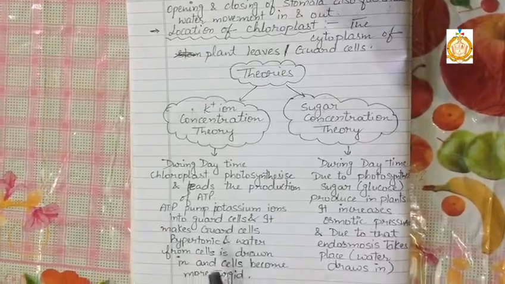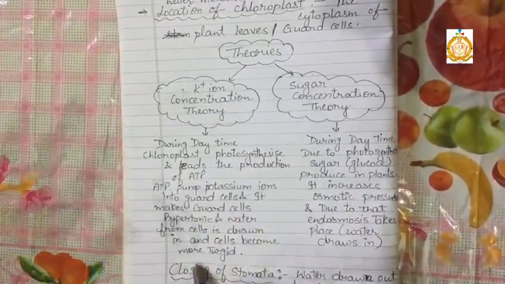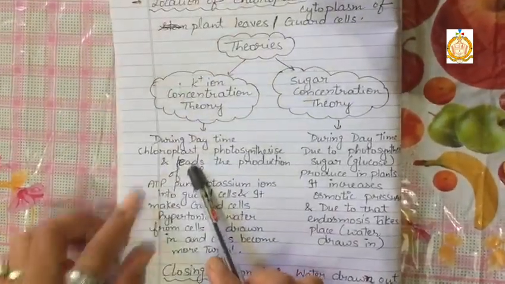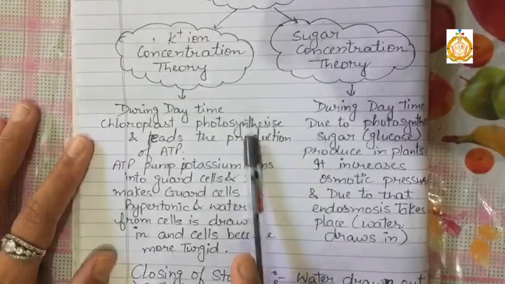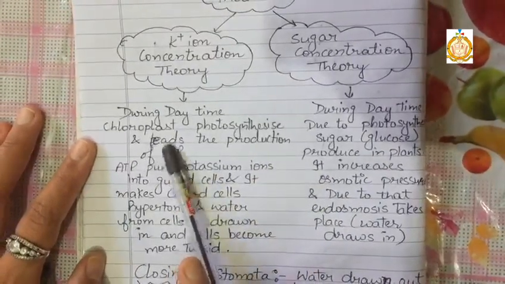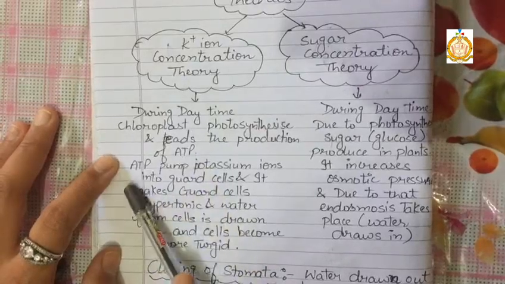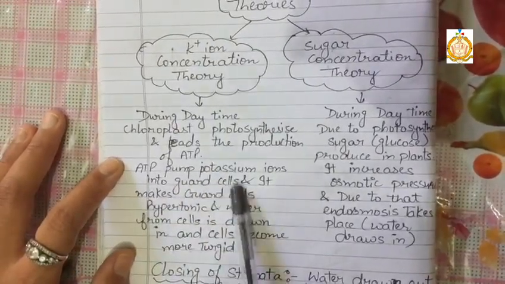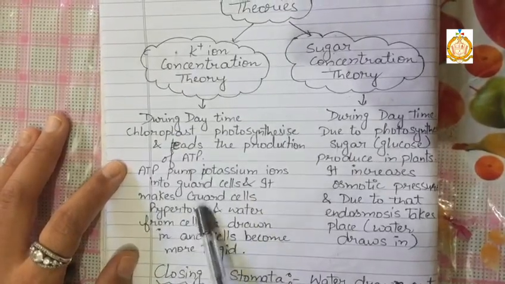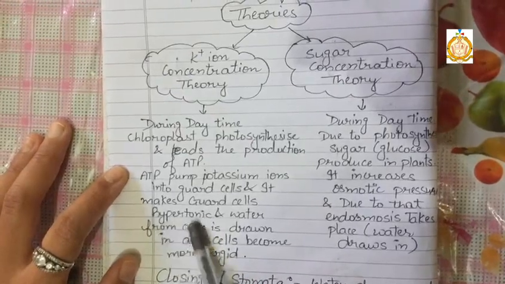Now at daytime the chloroplast is present in the leaves, and that chloroplast photosynthesizes, which means the photosynthesis process takes place. There is the production of ATP, the energy currency of the cell, and that ATP pumps the potassium ions into the guard cells, and that makes the guard cells hypertonic.